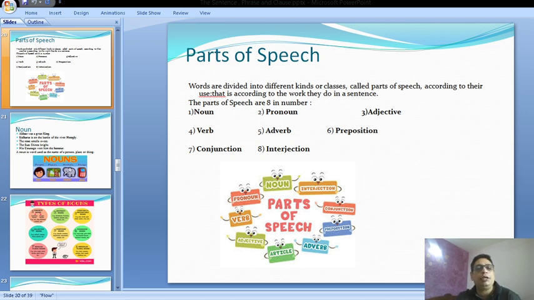So what we will do in these English classes, we will try to shift from Indian English to a little bit of neutral or Western English, so that we understand how it sounds. Let's tell the names of the parts of speech one more time. It's noun, pronoun, adjective, verb, adverb, preposition, conjunction, interjection. Do you see how I pronounce it?